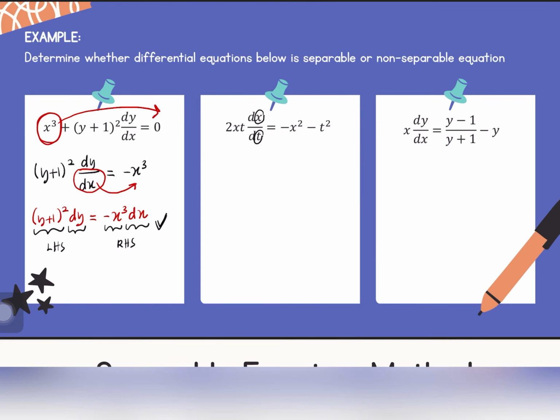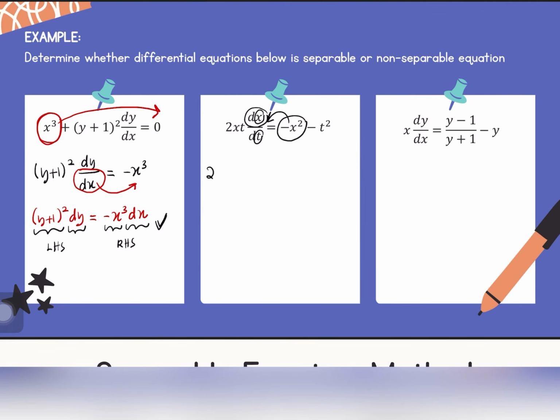Okay, so now we want to try to move. What you want to move first? So let's say you want to move negative x squared to the left because you see the derivative is here, so you want to move it to the left.